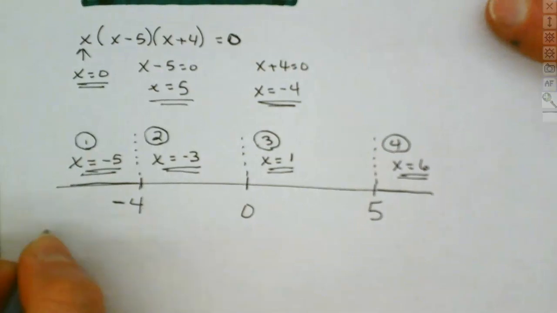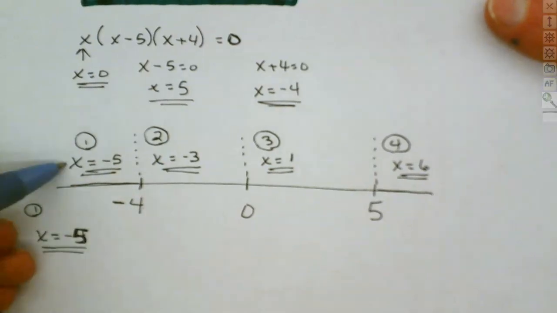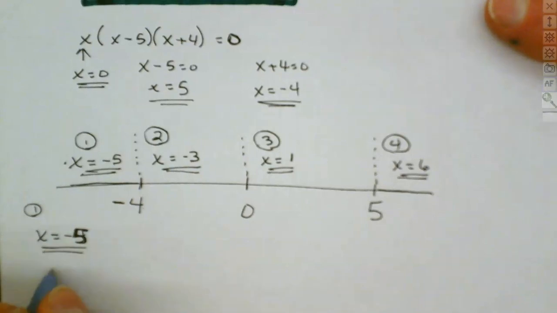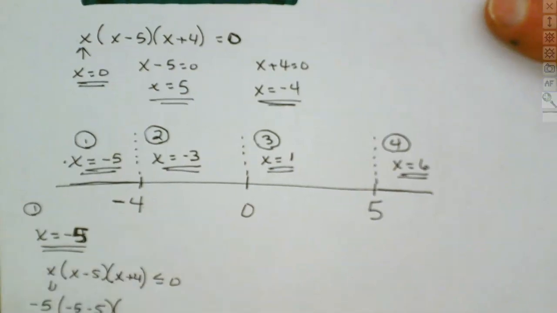So it does take a little bit of time to do these. We're going to start with this -5 because that's our first region. We plug it back in to the original and we want to see if this is true or false. So that's going to be -5 times -5 minus 5, times -5 plus 4.